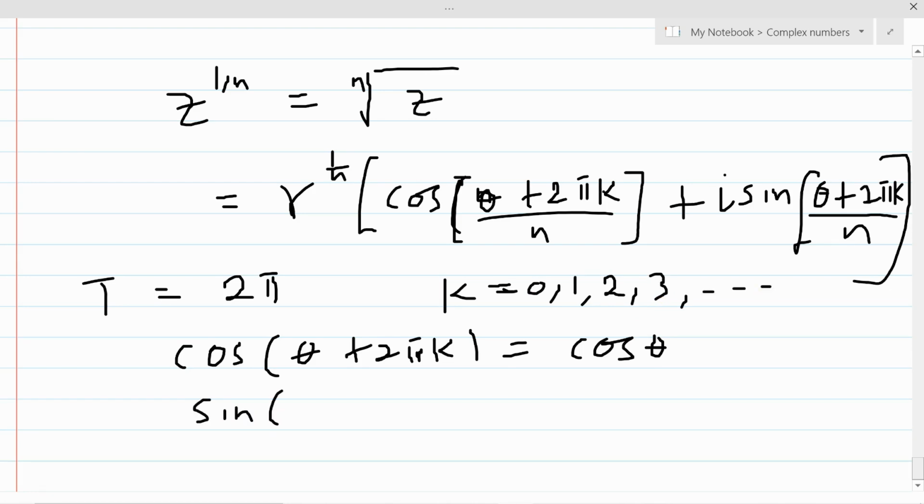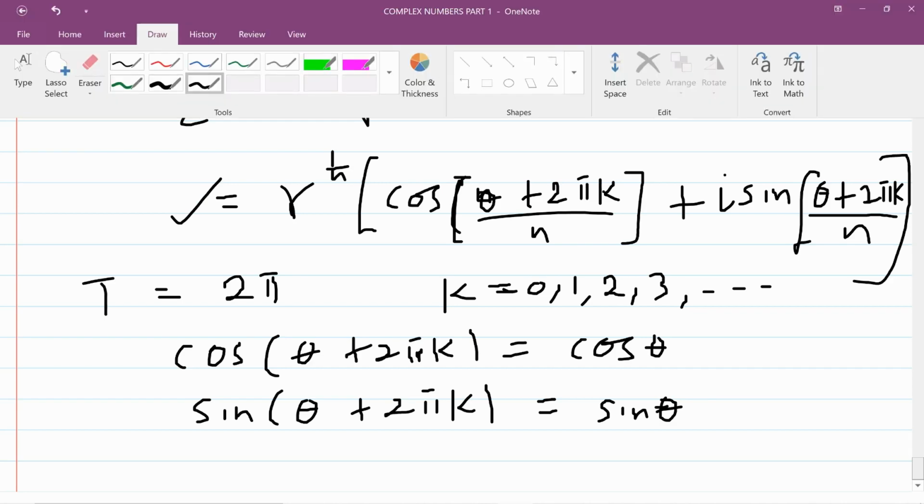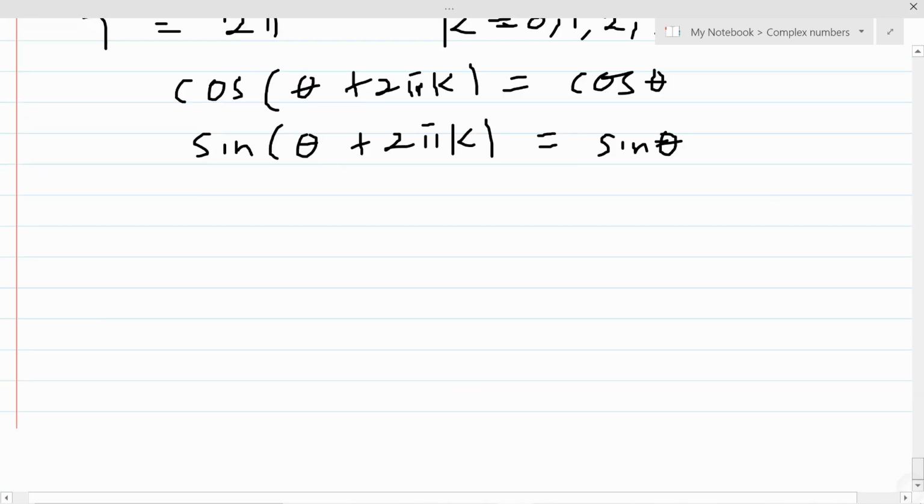Sine of theta plus 2 pi k is also the same as sine theta. Keep this in mind, this is the main formula. Let's move on.